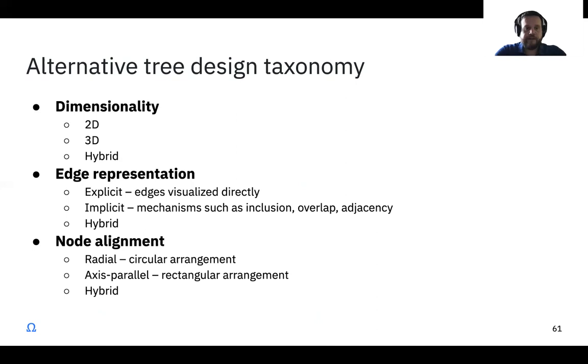You can also have a hybrid there. And finally, node alignment. So is the plot radial, that we have a circular arrangement of the tree layout, so to say, or do we have a rectangular arrangement, which is called axis parallel? Or again, we can have a hybrid.